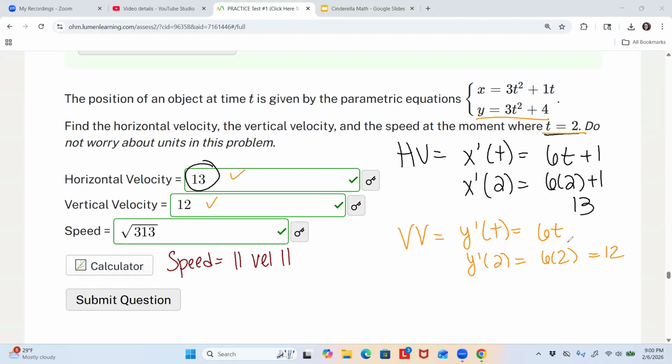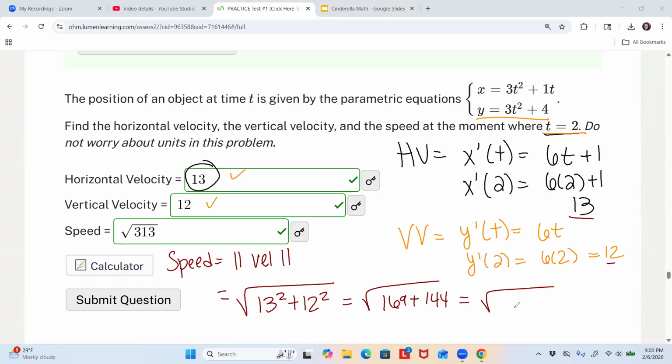It's basically, this is like a vector now, and you do the magnitude of it. So we're going to do square root of 13 squared plus 12 squared. So that's 169 plus 144, which is 313. Square root of 313 is speed. Yeah, you could round that off. It's like 17.69. I would just leave it, and I did. Let's see what they have. Yeah, it's fine. Okay, cool.